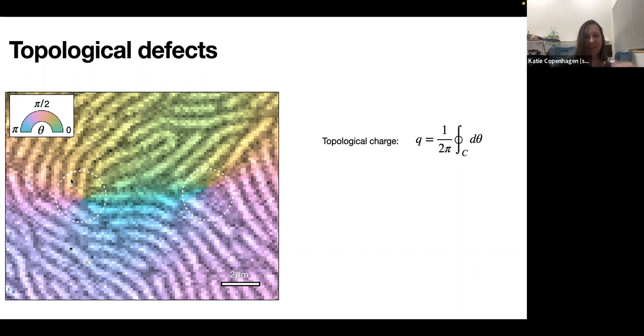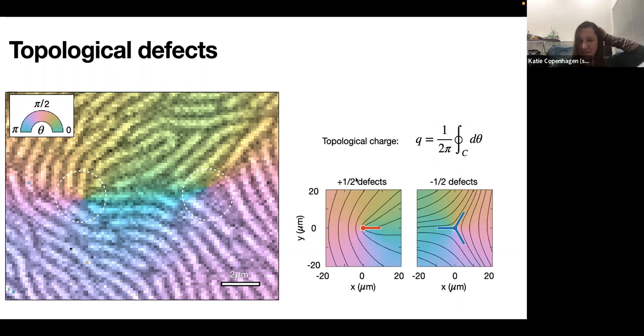And then when you get to the other side, you've done half a rotation. So if you divide that by 2 pi, you get a charge of positive 1/2. Whereas for the triangle defects, you might notice that as you trace this clockwise or positive theta, you actually have to rotate your direction the other way. So this ends up being a negative 1/2 charge defect.